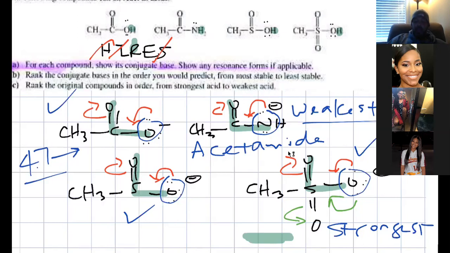And then somebody pull up the pKa of methane sulfonic acid, which is going to be this.